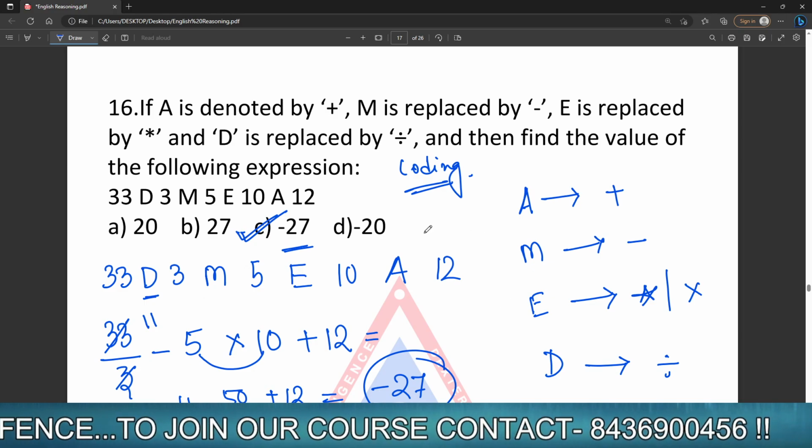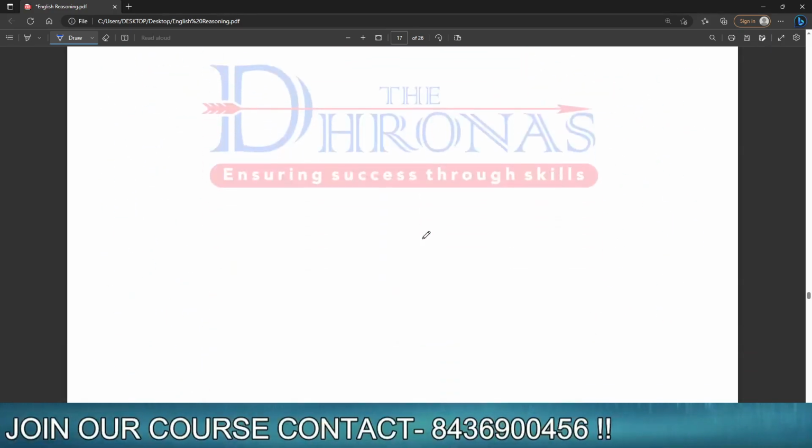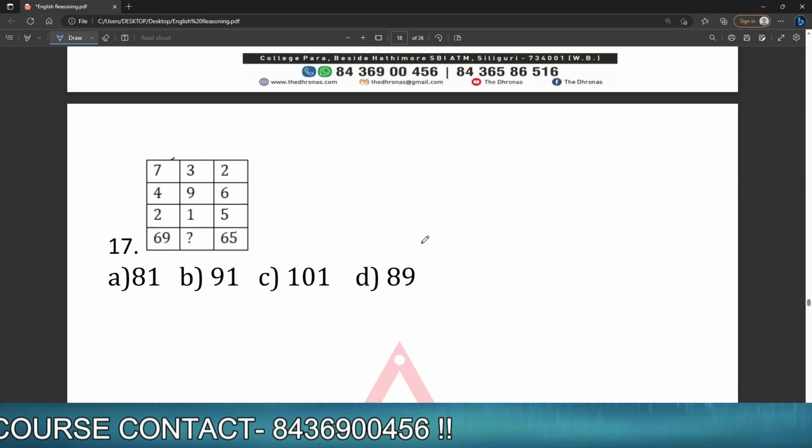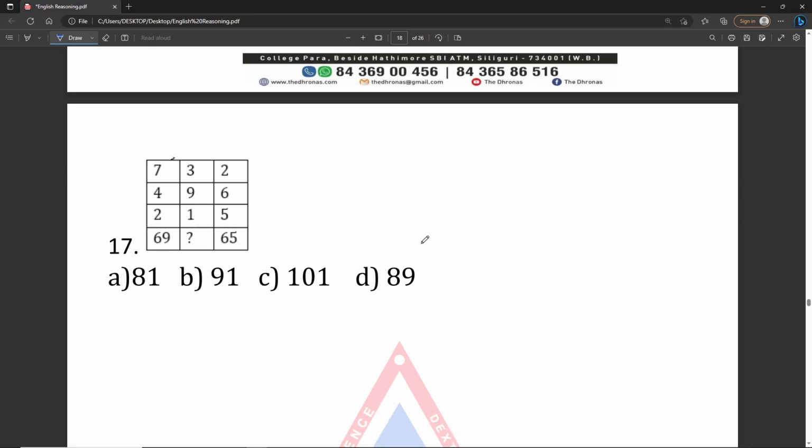Okay, chalo, next question. The next question is also about a missing number. So what is given? 7, 4, 2, 69; 3, 9, 1, question mark; and 2, 6, 5, 65.